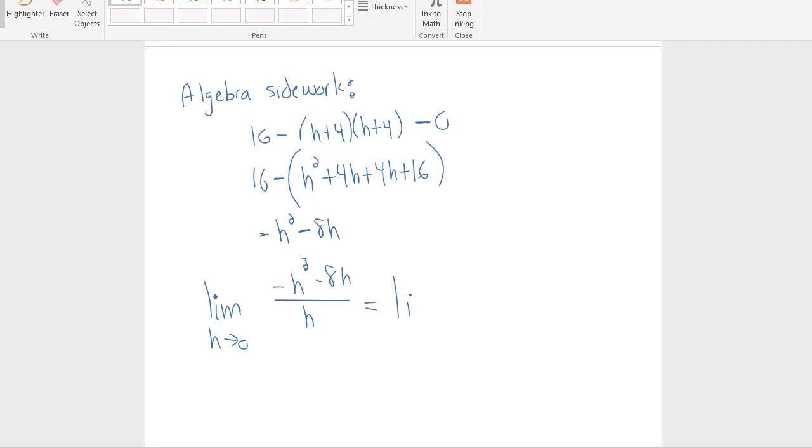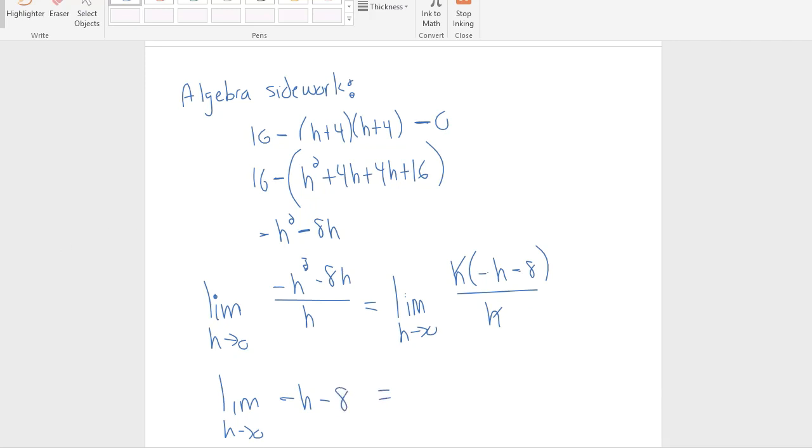Now I'm going to go ahead and clean this up for just a moment. I'm going to factor an h out of the numerator, and notice that's going to reduce with the denominator. So I have the limit as h goes to 0 of negative h minus 8.